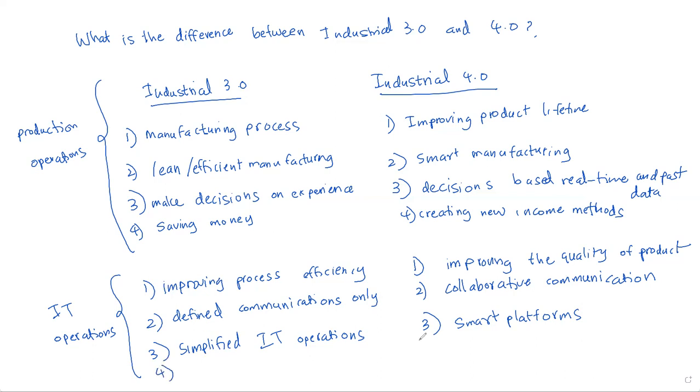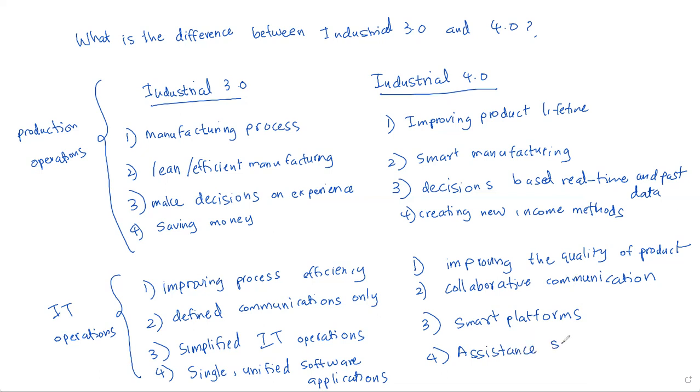Apart from that, in 3.0 we have single unified software applications to do several tasks. But in the 4.0 version, we have assistance systems, which, as you know, are AI-based assistance systems in a lot of applications that we use currently.